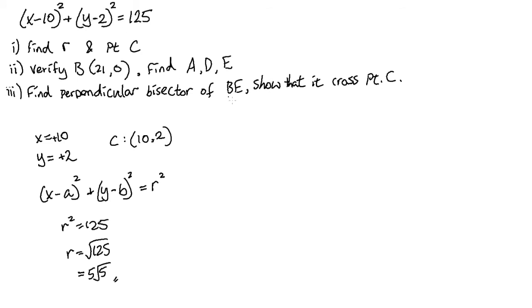And therefore the equation (x − 10)² + (0 − 2)² = 125, and we just have to expand everything.